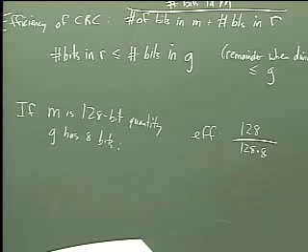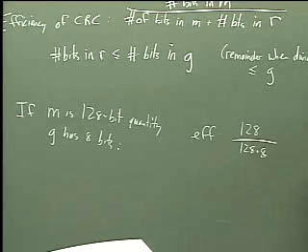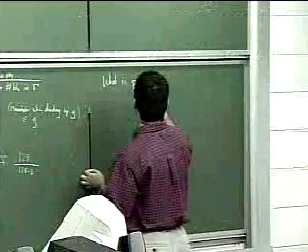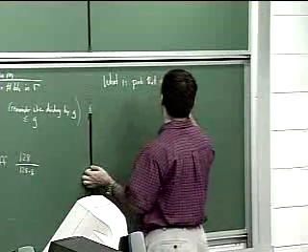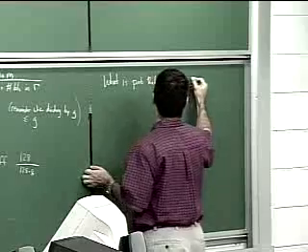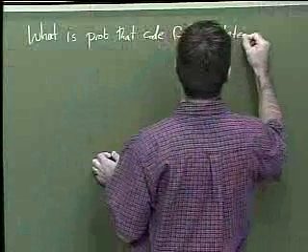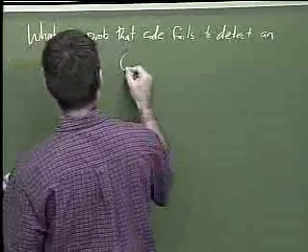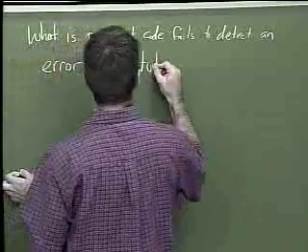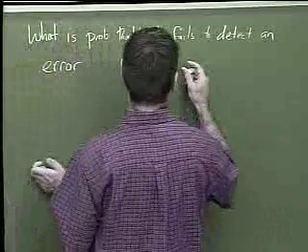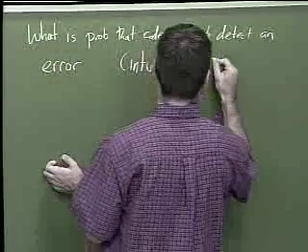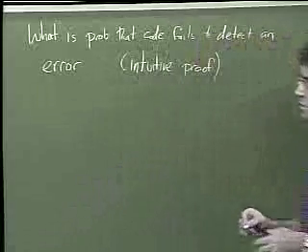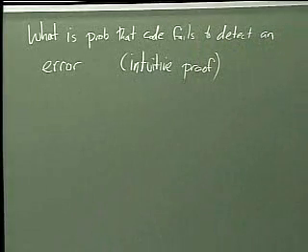What's the probability it fails to detect an error? Okay, I'm just looking for an intuitive proof because actually proving this result is not that easy. On average, what's the probability that if there are some bit errors, they don't get detected?